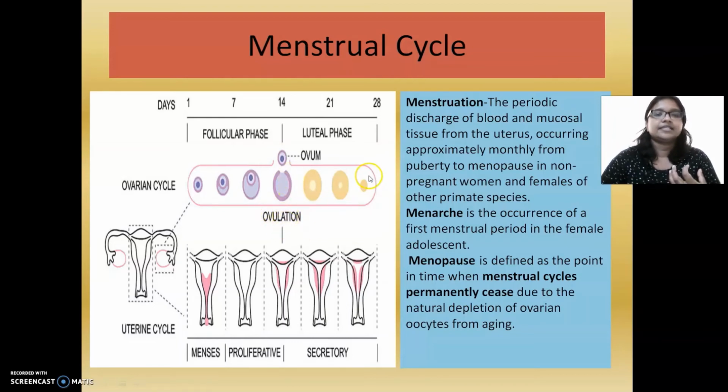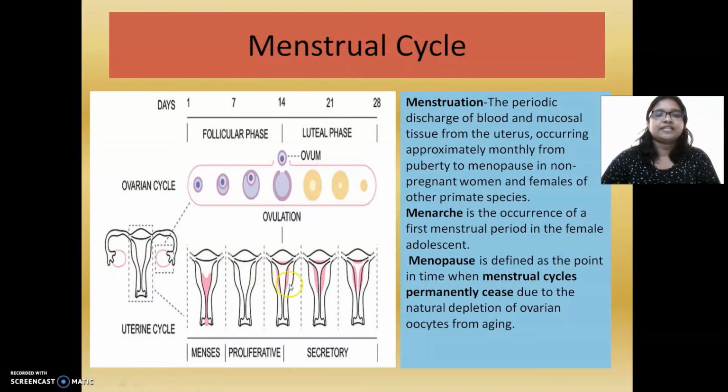And later, in the luteal phase, if the sperm is already there in the fallopian tube, the egg gets fertilized. Otherwise, it will get disintegrated. And if you see the changes which occur in the uterus, in the first 14 to 16 days, the inner layer of the uterus prepares new blood vessels to receive the fertilized egg.